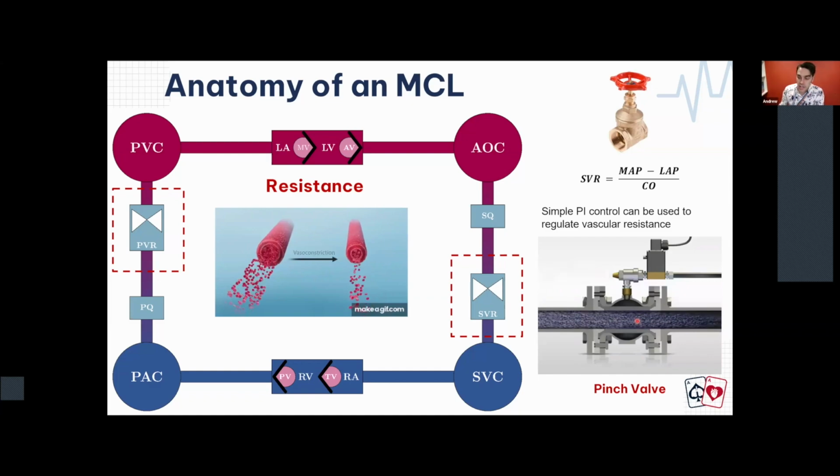And the benefit of this is that you can do it very repeatably. You don't have to get up from your computer and then go physically manually change something. And you can just use simple PI control to set a specific SVR. And then no matter what you change in terms of pump speed or ventricular contraction, the controller will maintain this specific SVR.